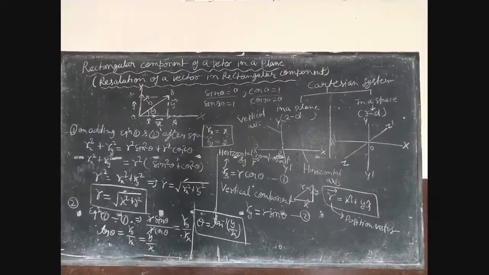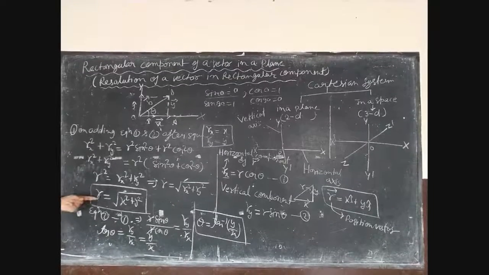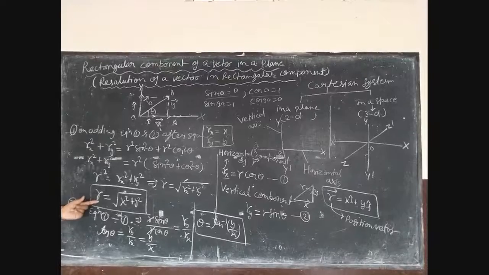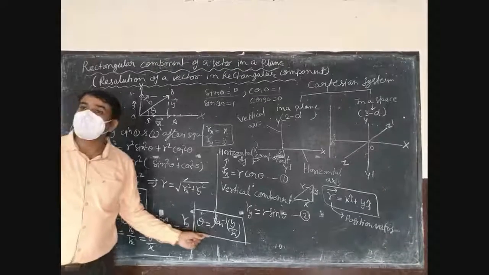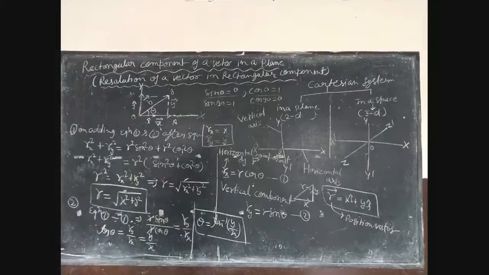This is the resultant of the rectangular components and this is the direction of the resultant. Understood?